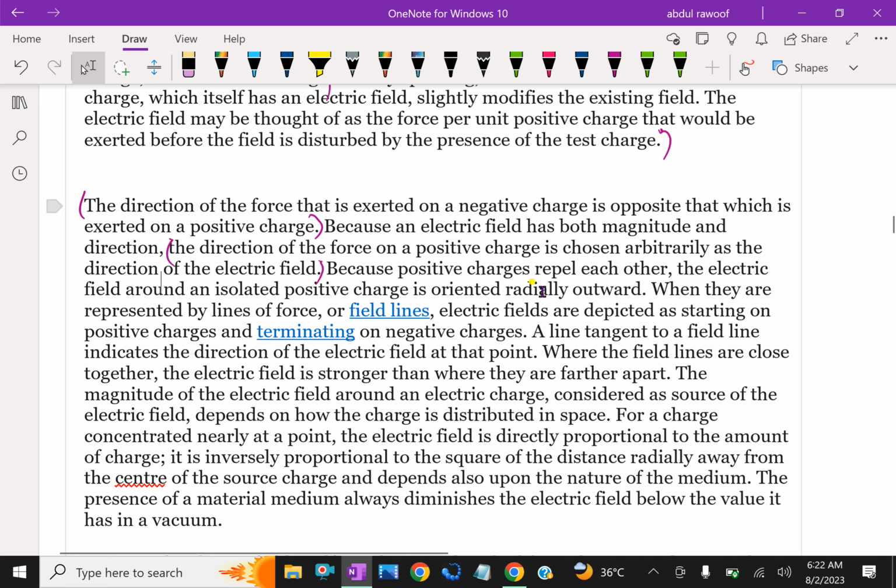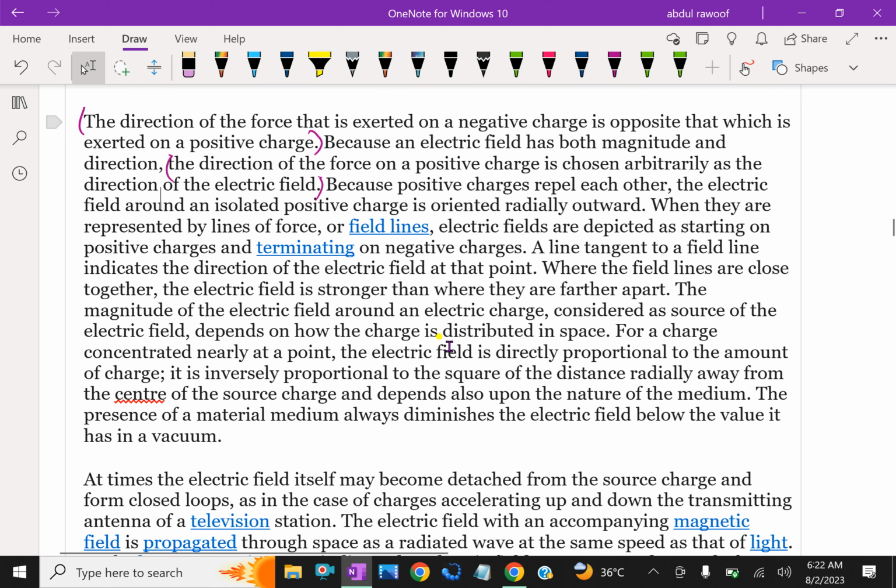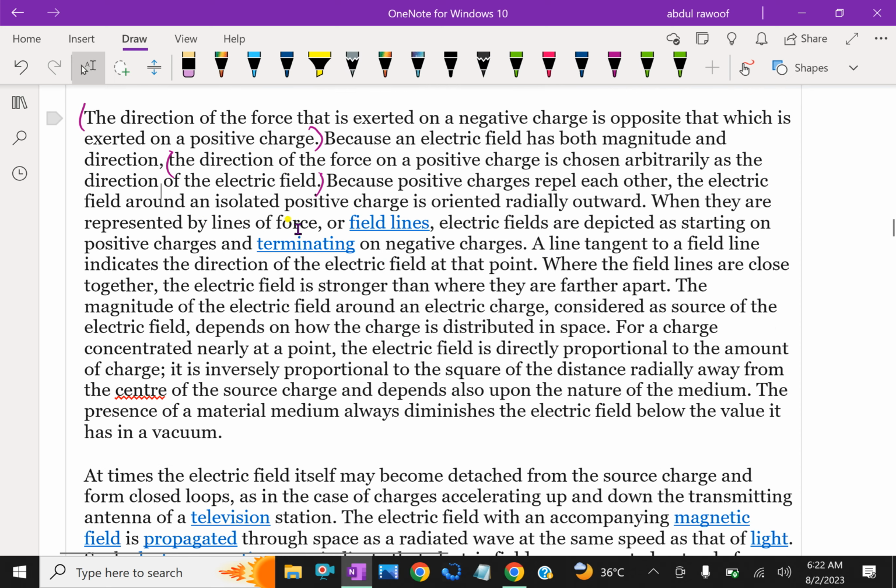Because positive charges repel each other, the electric field around an isolated positive charge is oriented radially outward. When represented by lines of force or field lines, electric fields are depicted as starting on positive charges and terminating on negative charges.